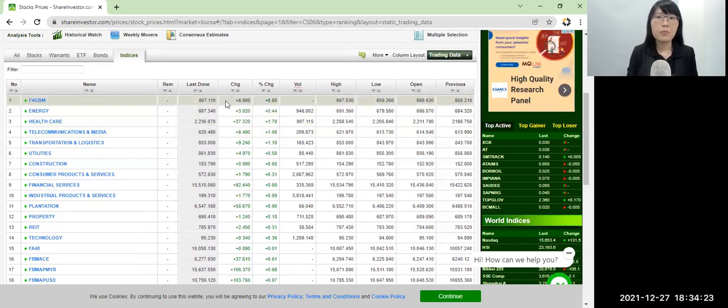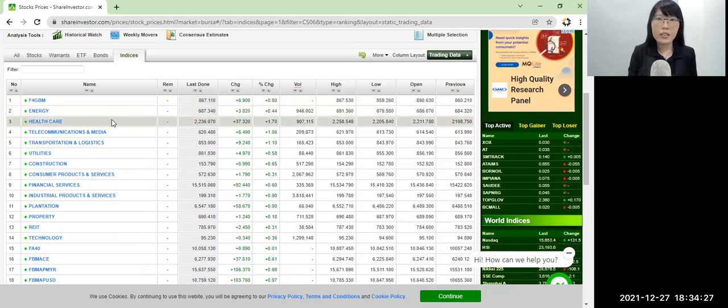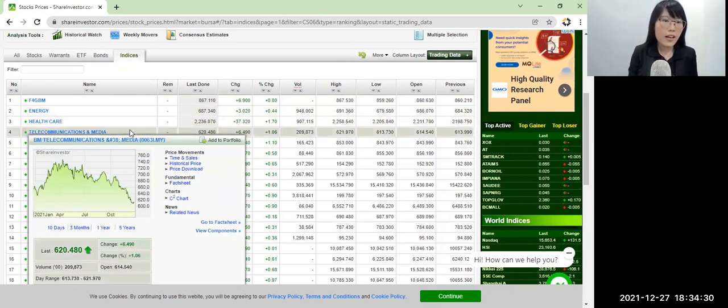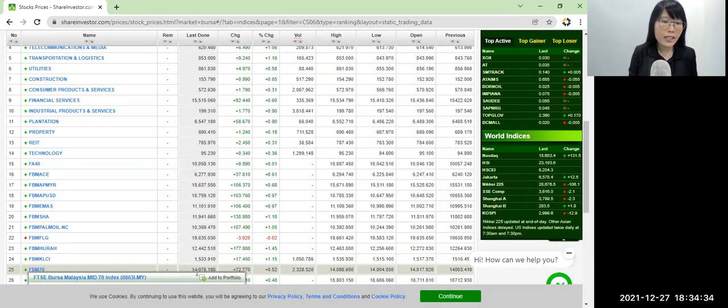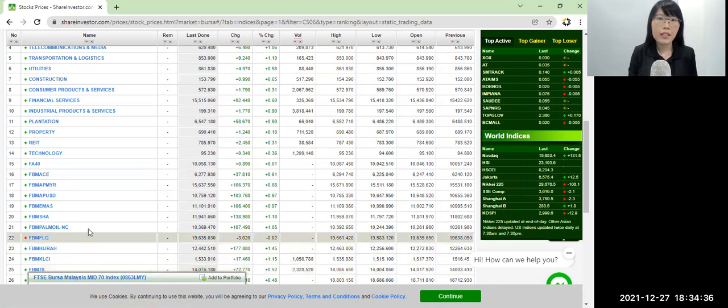Besides this, for other indices, you also can see such as FBM KLCI, FBM 70, small cap, and so on.